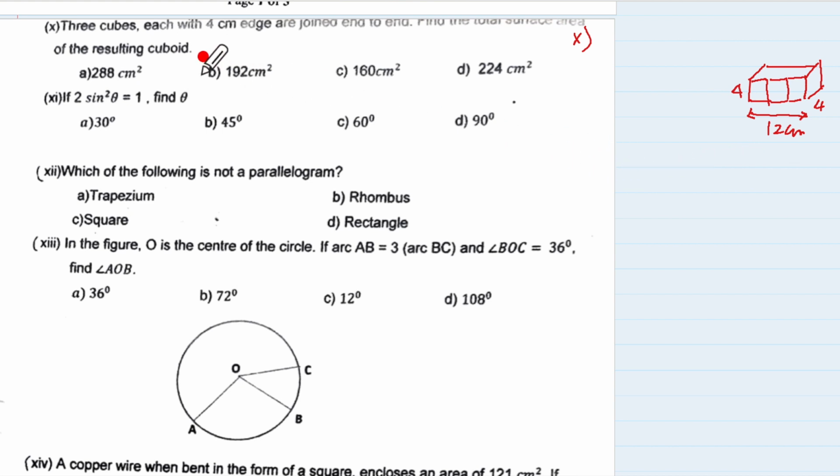Okay, now the total surface area of this. So total surface area of the cuboid is 2 into LB plus BH plus HL, correct?